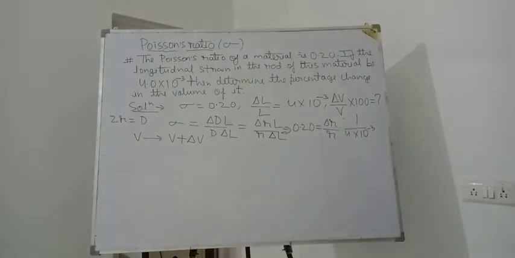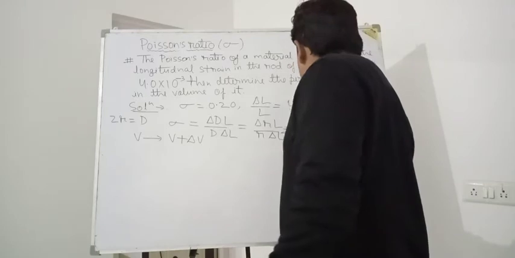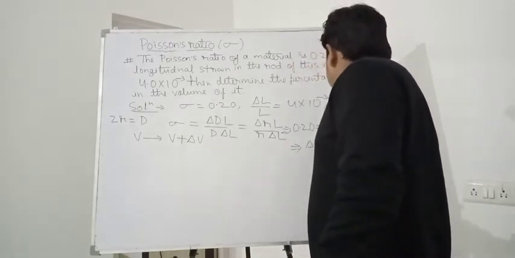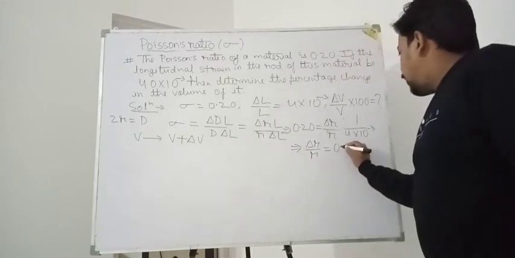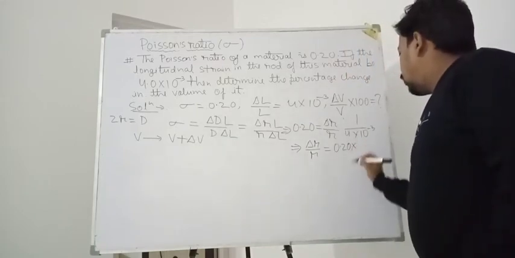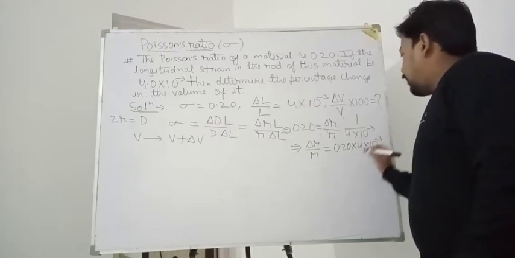Now we just do some mathematical calculation, and from here the value of delta r upon r will come out to be 0.20 into 4 into 10 to the power minus 3.